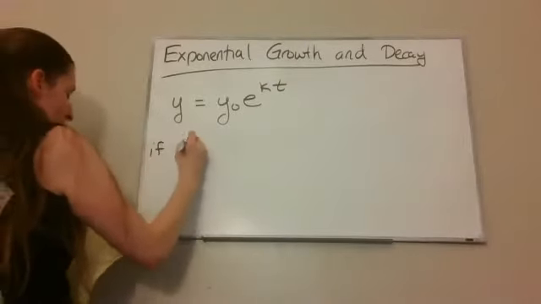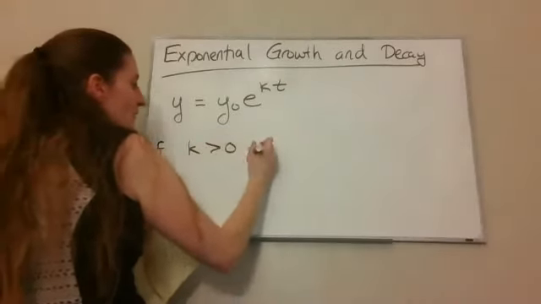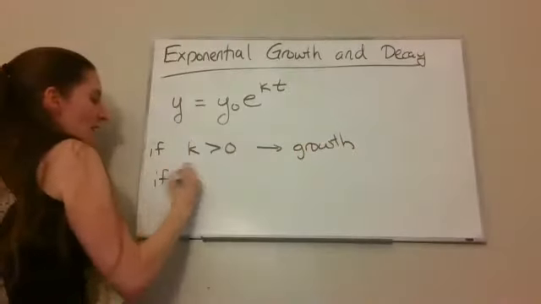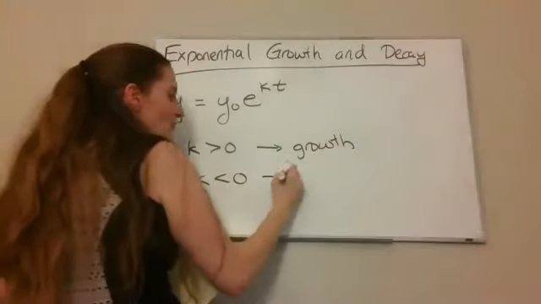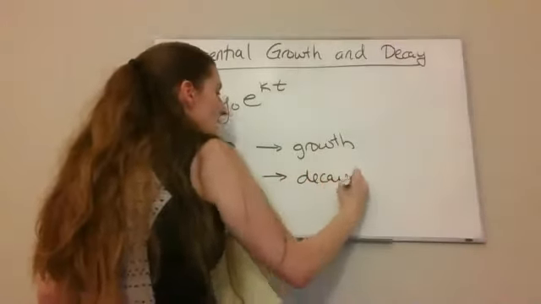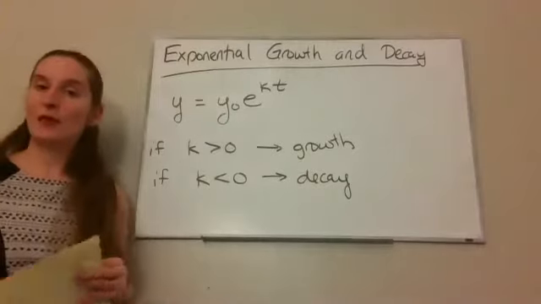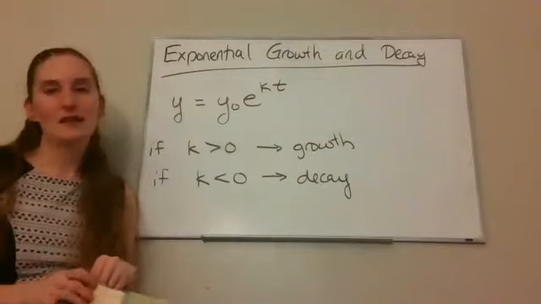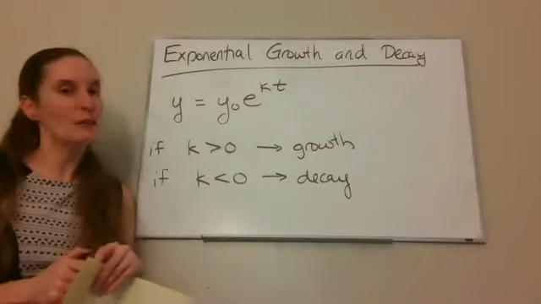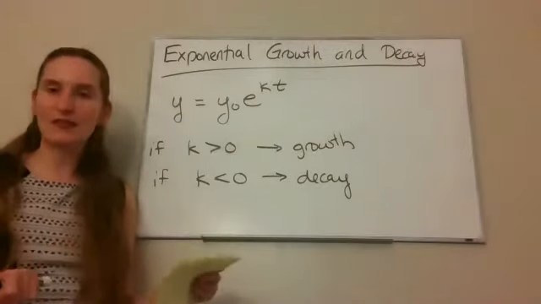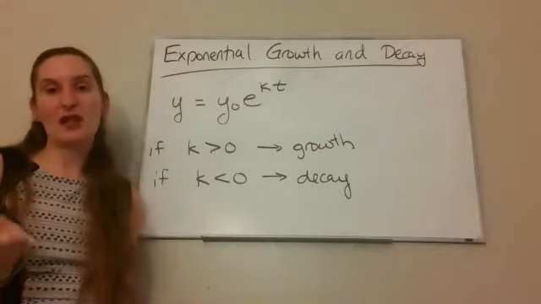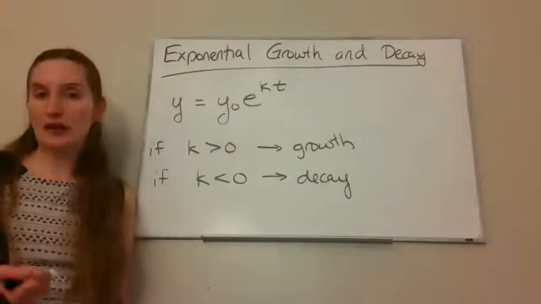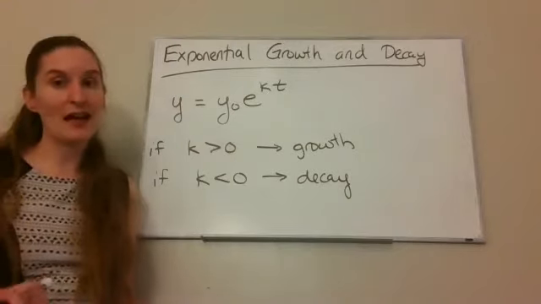And if that k happens to be a positive number, this is exponential growth. And if k happens to be a negative number, this is exponential decay. And sometimes these formulas use different variables, not just y and y0. Sometimes you'll see an A or a P or a P0, lots of different things, but they're all the same type of equation. All of these equations of this form are called exponential growth or exponential decay models.